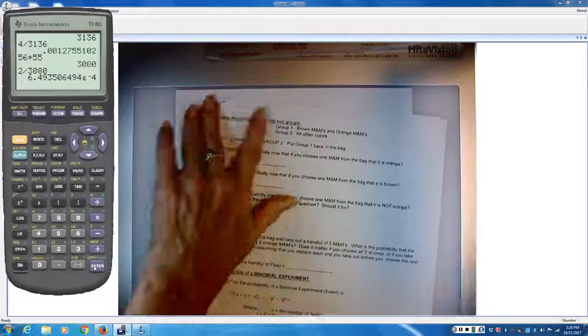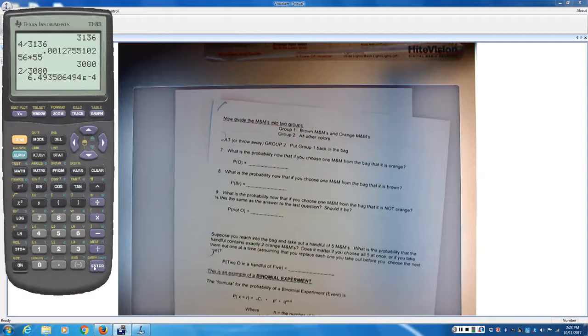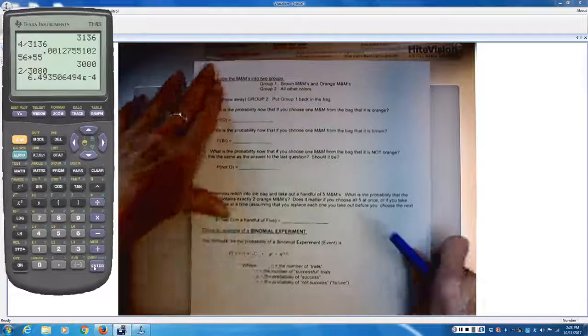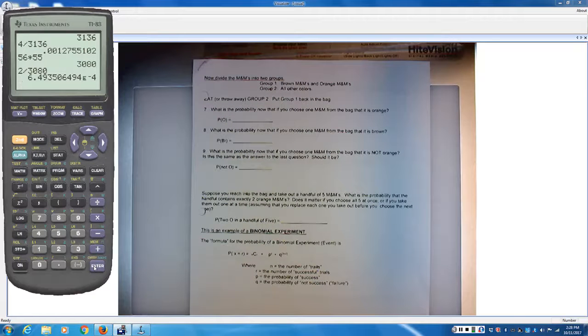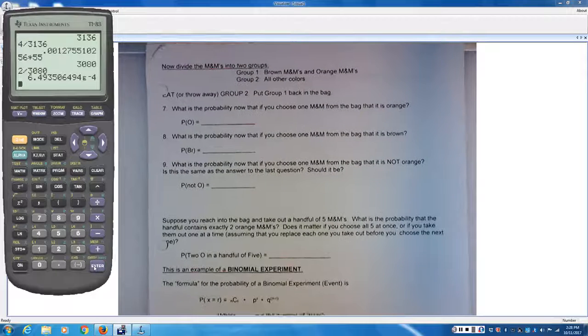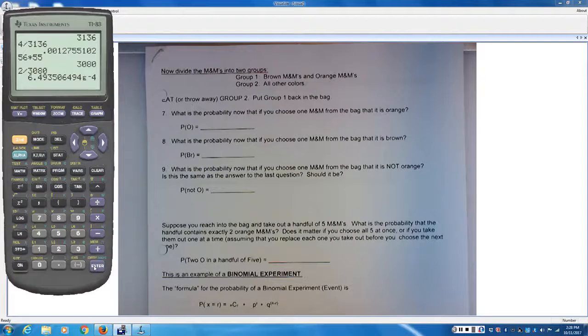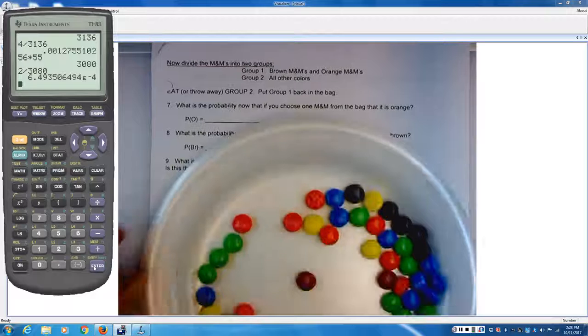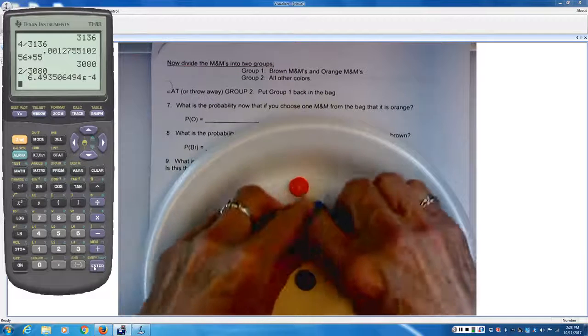Now, in the next one, we're going to partially continue probability, but we're also going into the next chapter a little bit to get you prepared for it. So now we're going to divide the M&Ms into 2 groups. What we're going to do is I'm going to take away everything that's not brown or orange.